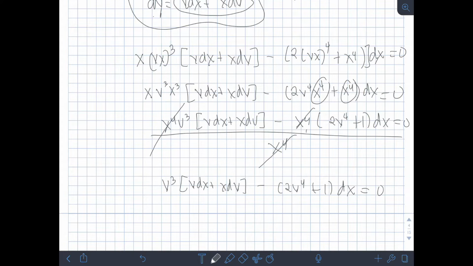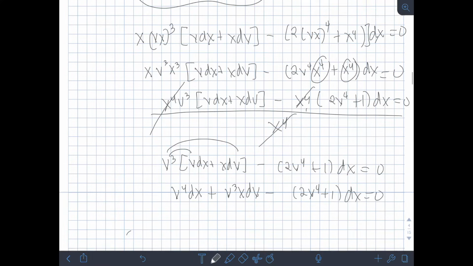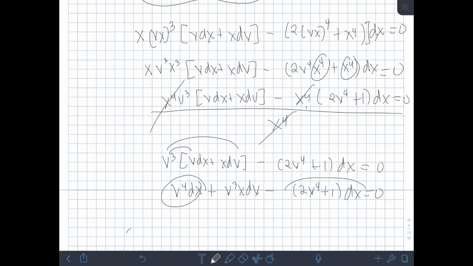So let's combine; first, distribute this. We get v to the fourth dx plus v cubed x dv minus (2v to the fourth plus 1) dx equals 0. So this dx and this dx, we can combine: v to the fourth minus (2v to the fourth plus 1), then dx, plus this v cubed x dv equals 0.